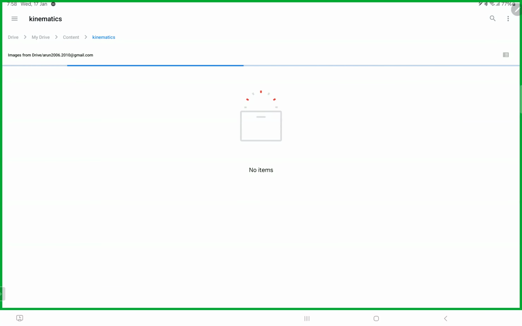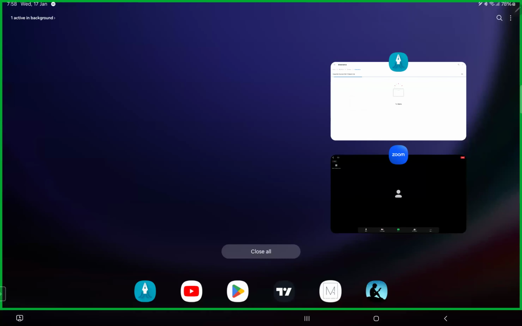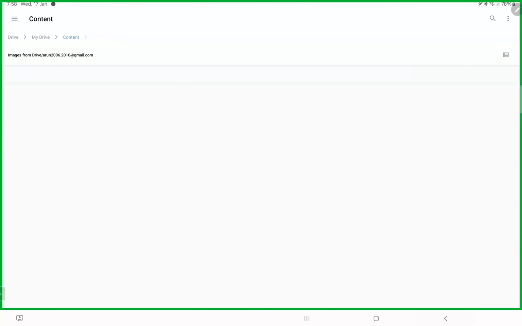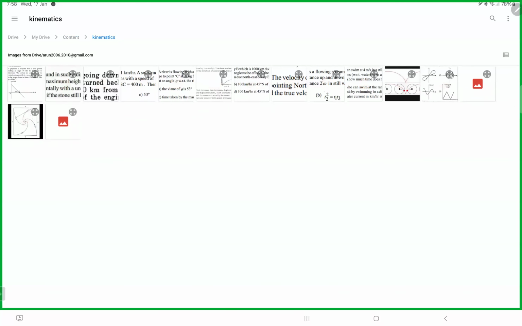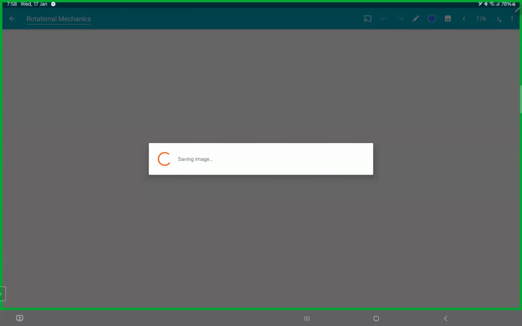We'll count 10 numbers. If it doesn't happen, then we'll write it later. 1, 23, 76, 103. I said 10 numbers. When did I say 1 to 10? This is nonsense. It's not working. See? You have to just shout on it. It'll work.